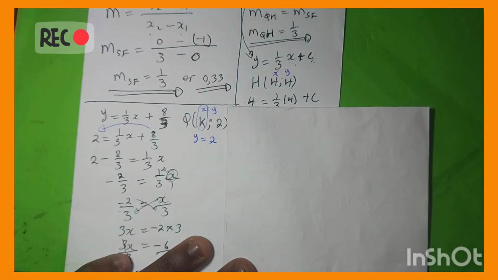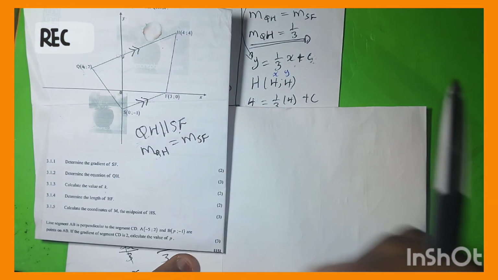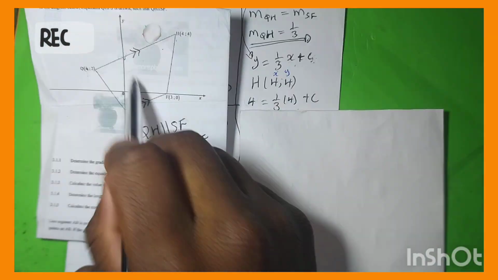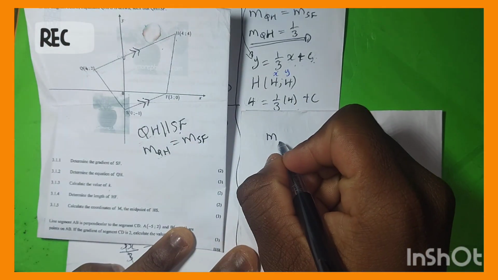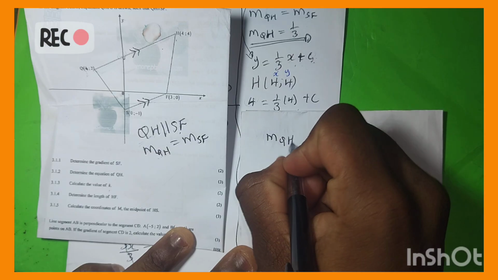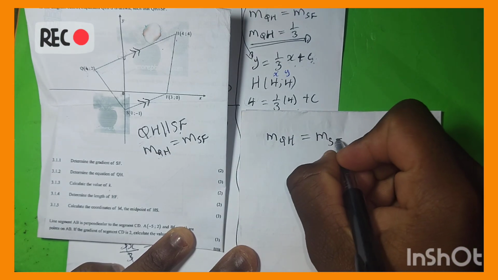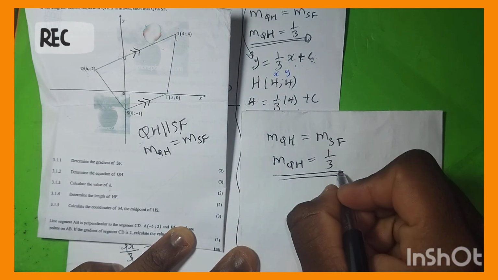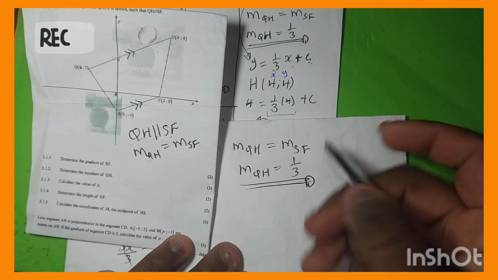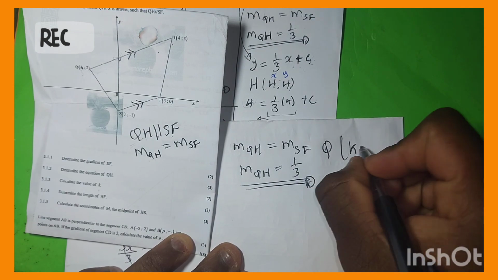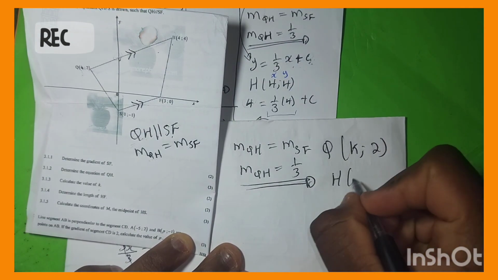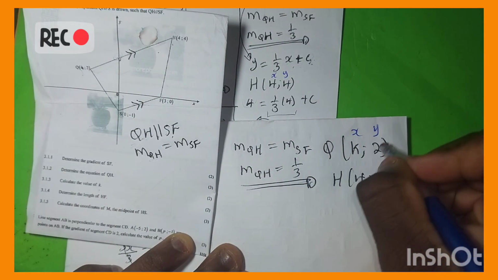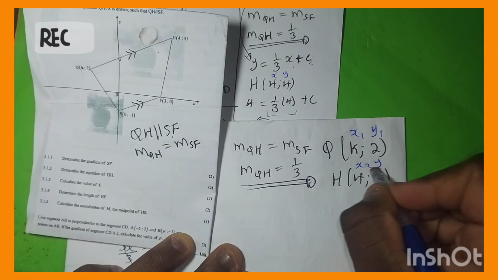You can even apply the approach I was doing in the previous video, whereby I know that these two lines are parallel. QH is equal to this one, and now I know the gradient of QH is 1 over 3. I know Q is K and 2, and H is 4 and 4, which are my x1, y1, x2, y2.